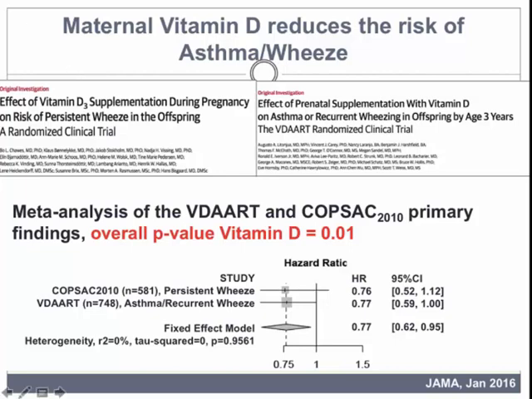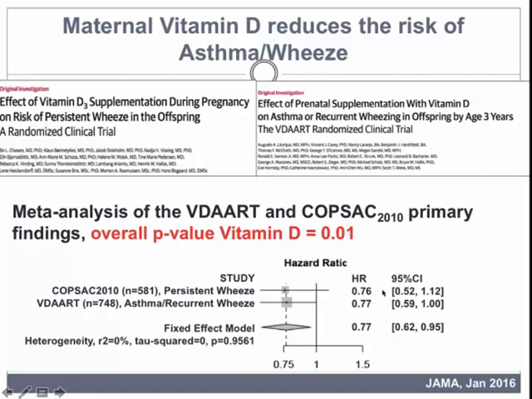we had the VDAART clinical trial, and then our friends in Denmark ran a very similar trial that we will call the COPSAC trial, with really the same study design. We reported in JAMA in January 2016 the initial findings of the trials, where we found that women who were randomized to high doses of vitamin D during pregnancy had a reduced risk of asthma in their offspring.